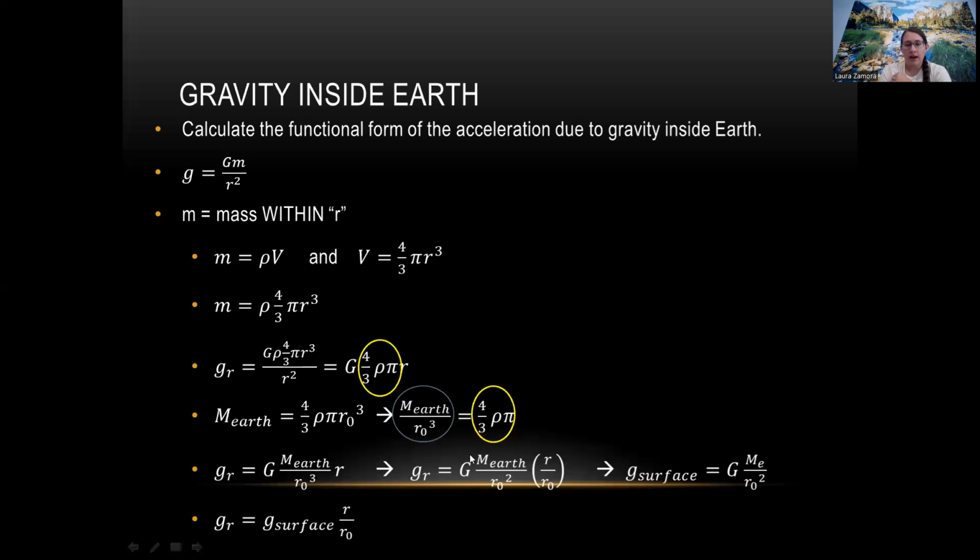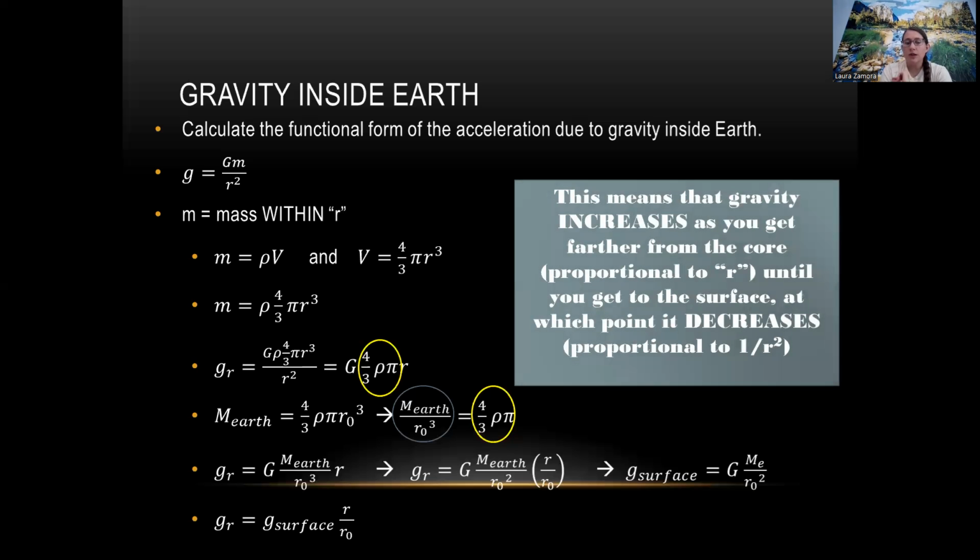And you can see we have that term right there in that equation. So we can even further simplify this equation to say the acceleration due to gravity at whatever location the ball is located at is the surface gravity times that random radius divided by the radius of the Earth.